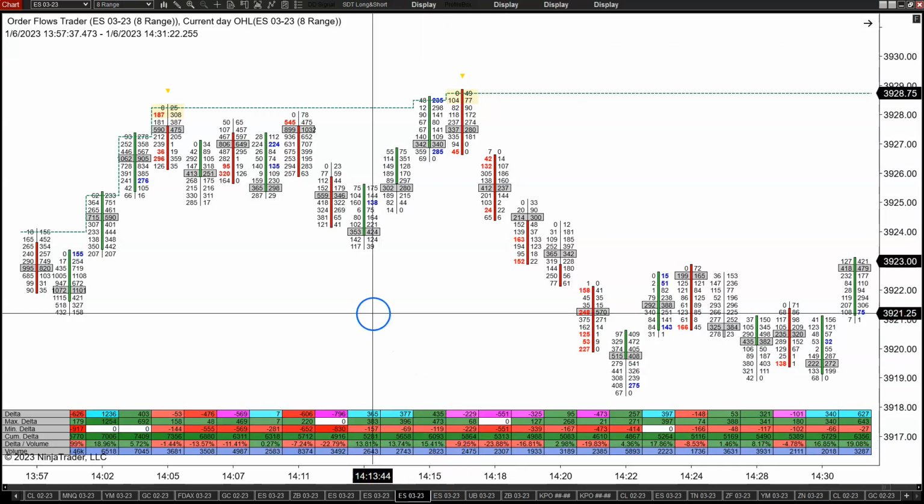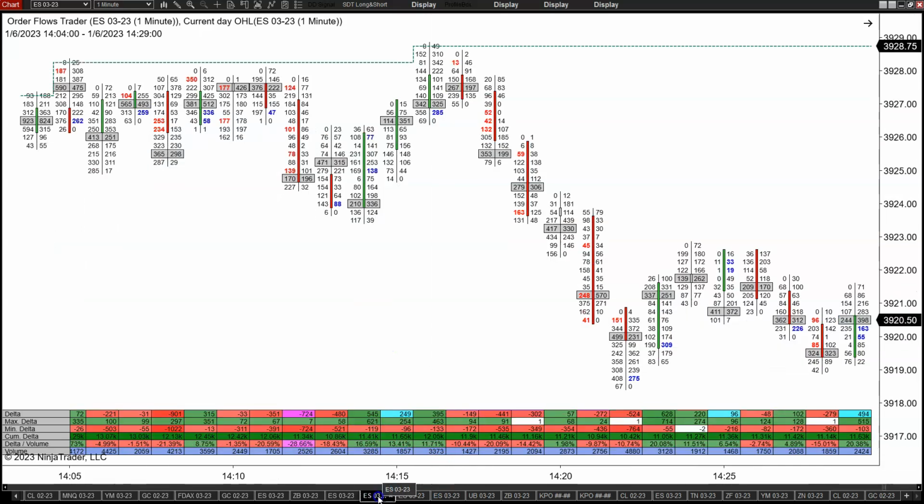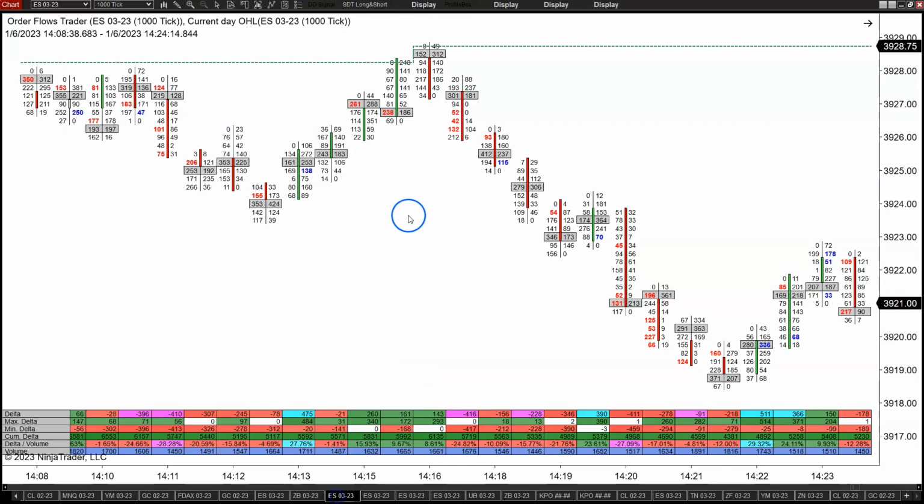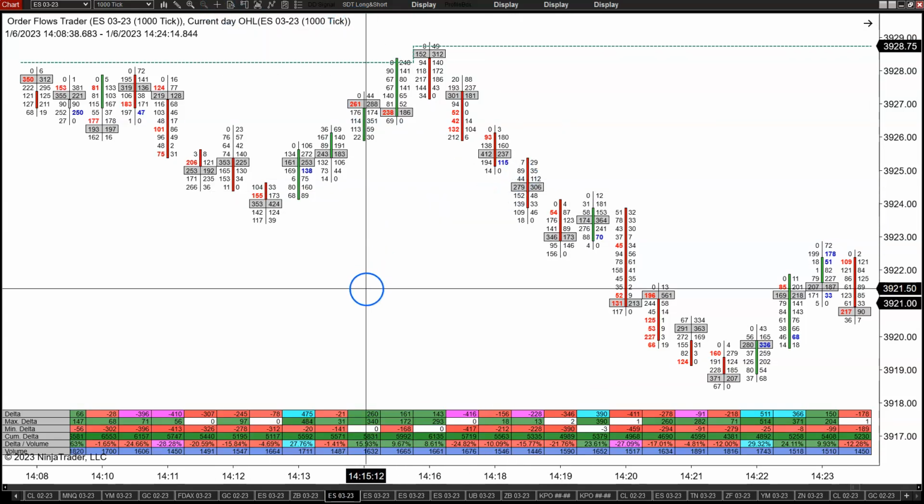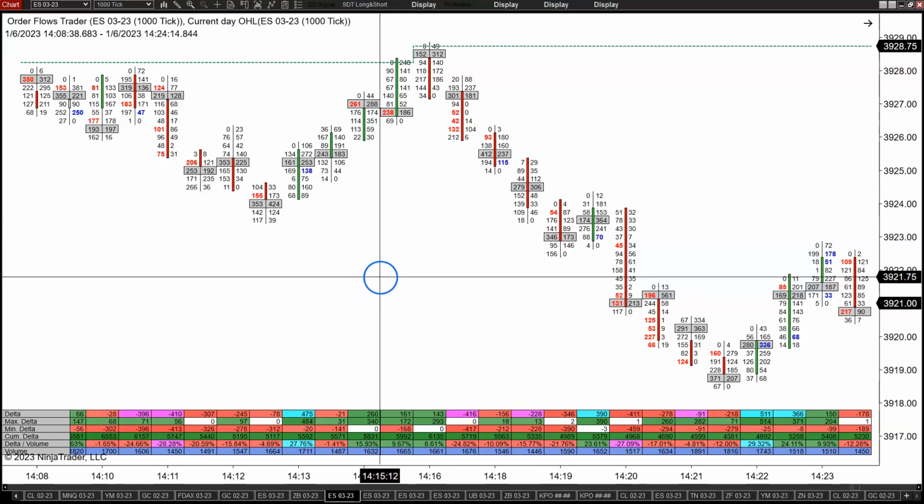Where you get to some slightly different charts is a tick-based chart. All right, so this is a 1,000 tick chart. A tick-based chart is based on each trade that goes through, whether it's one contract or 1,000 contracts, that is one tick. With the S&Ps, the exchange puts out the information every once in a while.